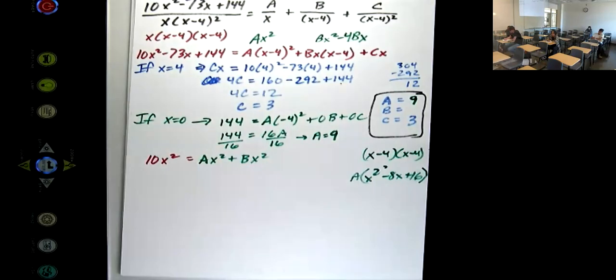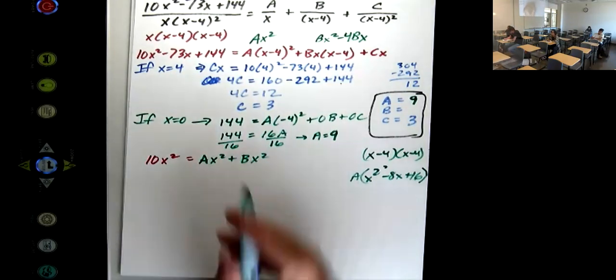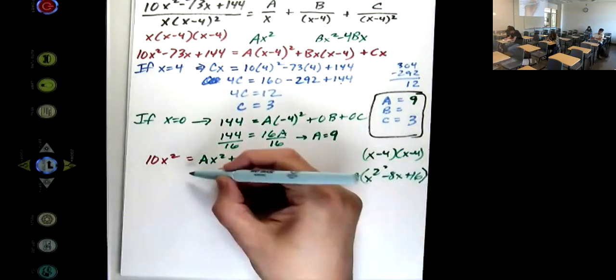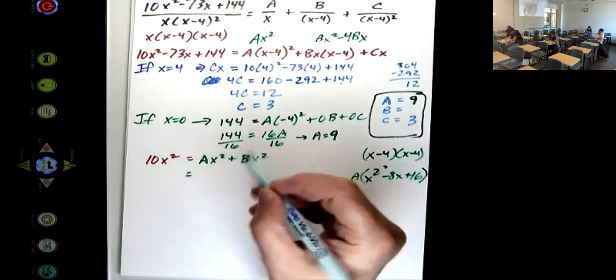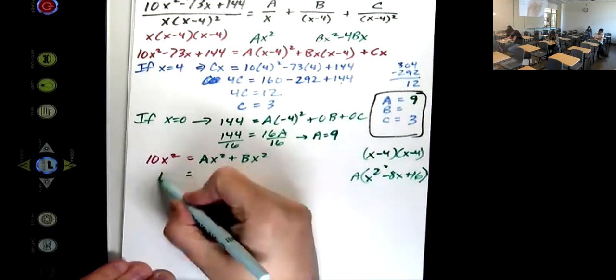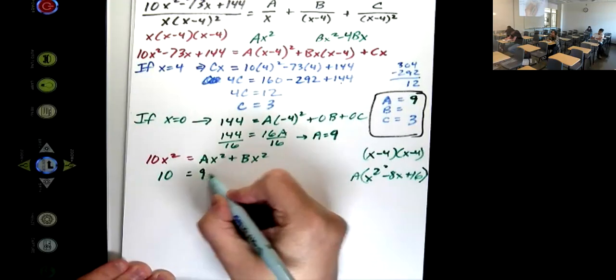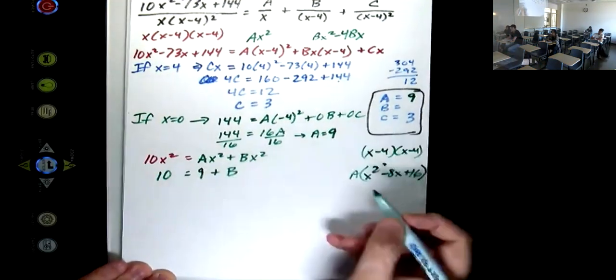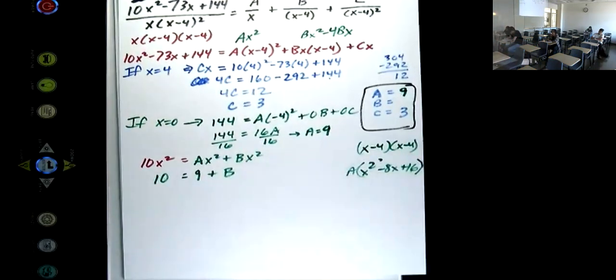But I know A is 9. If I get rid of the x squareds, I have 10 equals 9 plus B. So what does B have to equal? One.